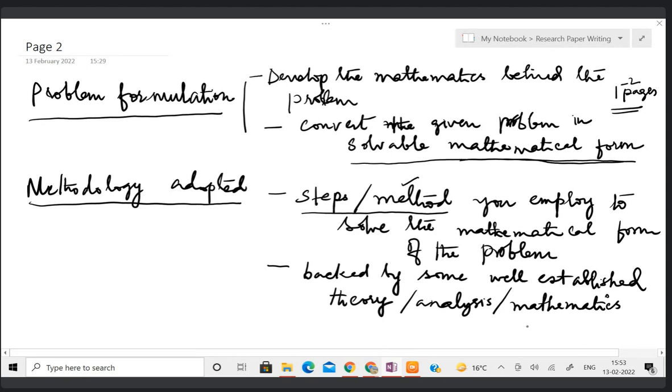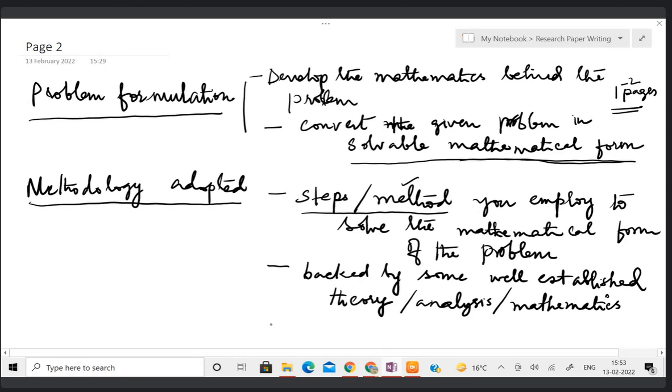Okay, so you have to basically utilize the existing mathematical concept or theoretical concept to solve the mathematical form of the problem.